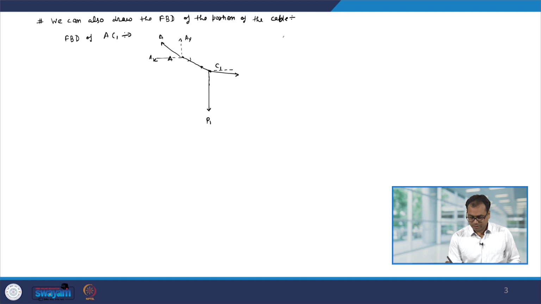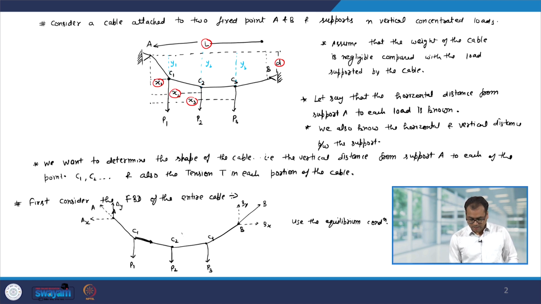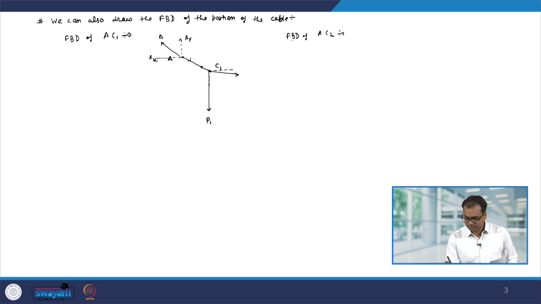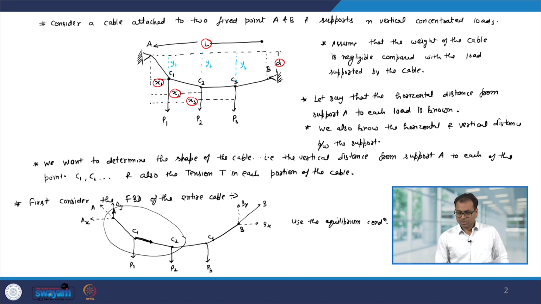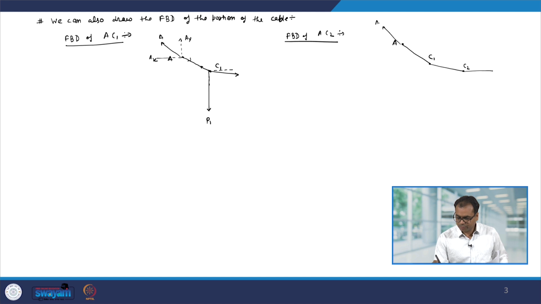Now, we can also look at the free body diagram of, let us say, AC2. So, how do I make the free body diagram of AC2? Now, I have to consider this portion of the cable. So, let us do that. So, now I have point A over here, then you have point C1, then you have point C2, and then there was point B. So, at A, as I said, there will be a force along the cable. I can divide it into Ay and Ax.